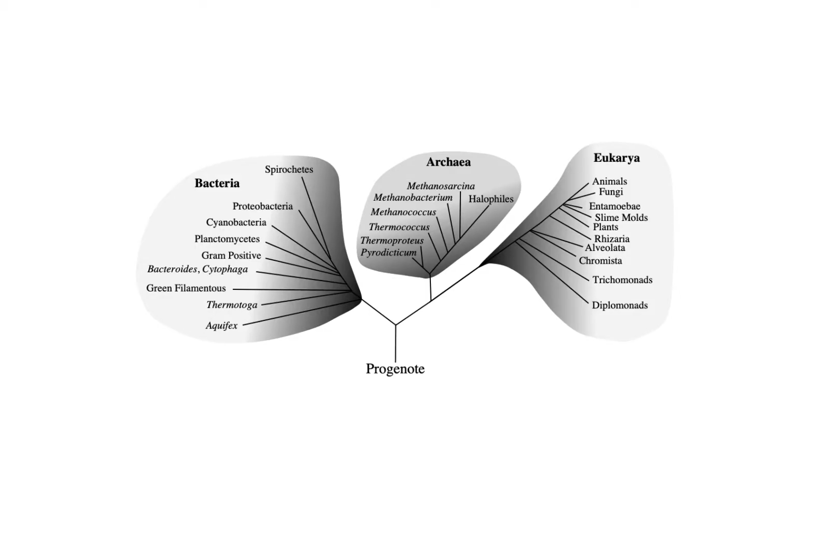But because of that sequence conservation, sequences from bacteria, archaea, and eukaryotes, the ribosomal RNAs, can be compared, so you can make large phylogenetic trees from these sequences and compare things that have been separated by billions of years.